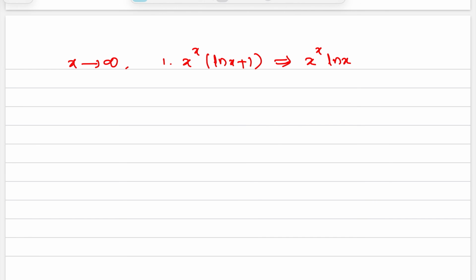This is the first observation. Second observation is the integral 0 to x of t to the power of t dt grows as x to the power of x.